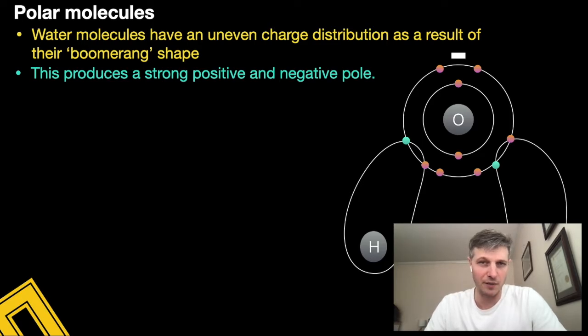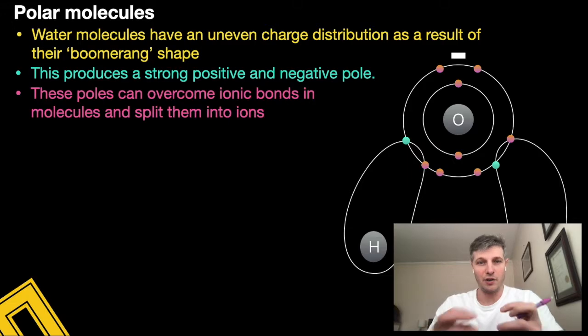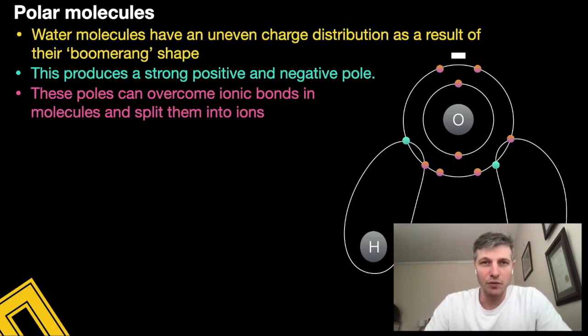Those poles can overcome the ionic bonds in molecules and split them back into their ions. Often those poles are a lot stronger than the attraction of ions in an ionic bond.